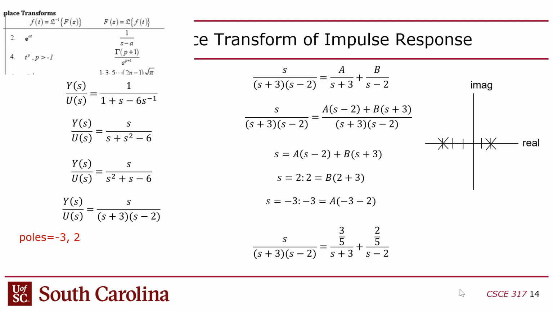Which basically gives you these two exponential functions in the time domain, where you take the numerator, and that goes in front of the exponential, and the negation of the a becomes the exponent, right? So these are called eigenfunctions.